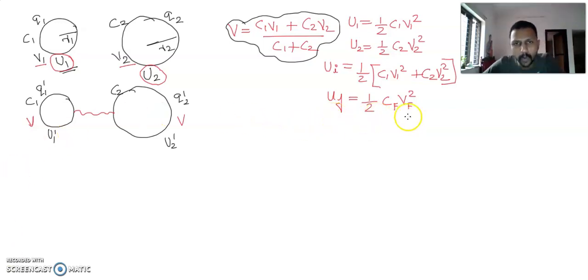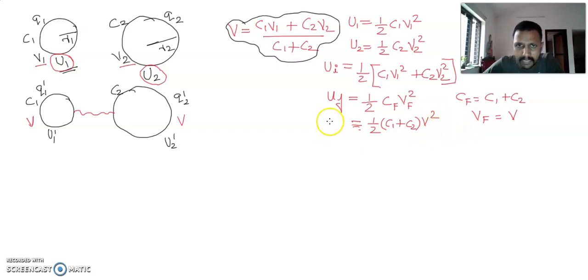In which, what is the final capacitance? It is the sum of the two, that is C1 plus C2. What is the final potential? The final potential is the common potential obtained, that is V. Therefore, I could rewrite this as half (C1 plus C2) into V square. Then this is the final potential energy.